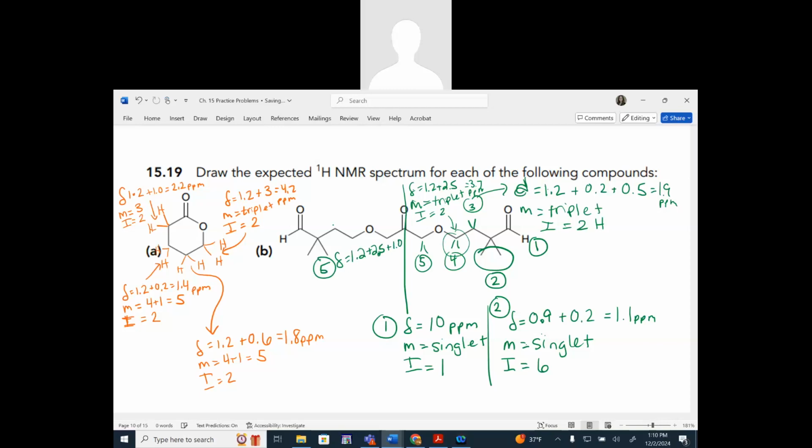So all together, we have a shift here of 4.7. And then we have our multiplicity. So how many neighbors do we have? We have no neighbors, so this would be a singlet. And then our integration shows that this would be 2 protons.